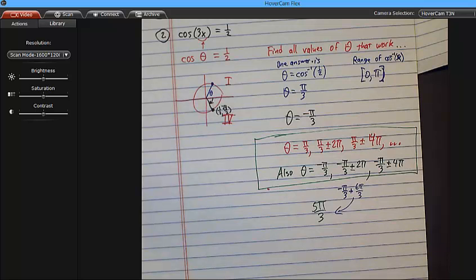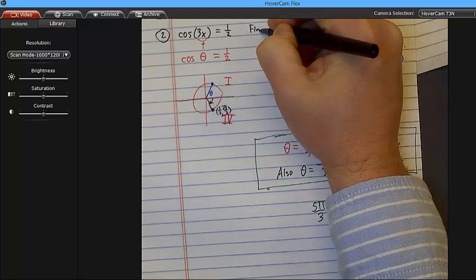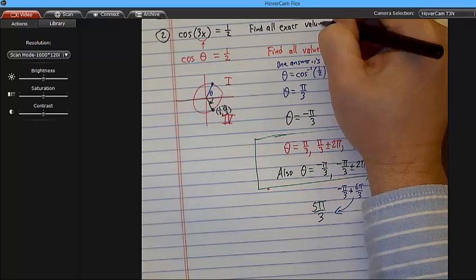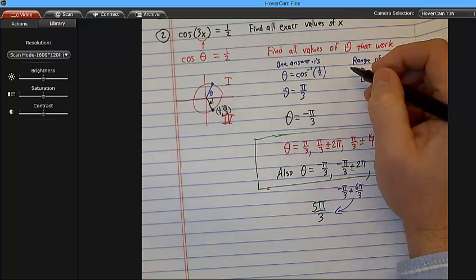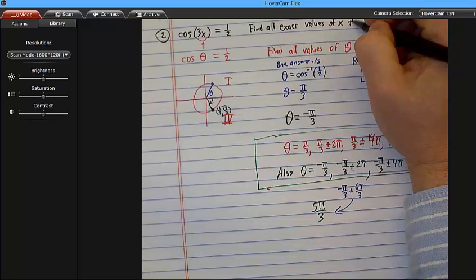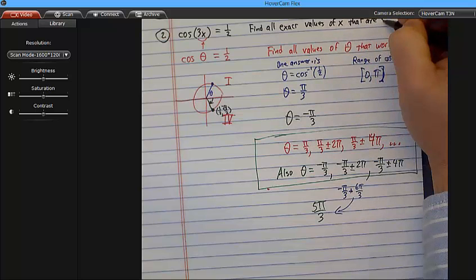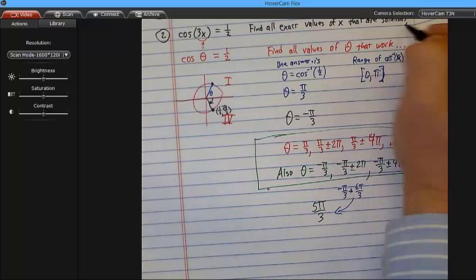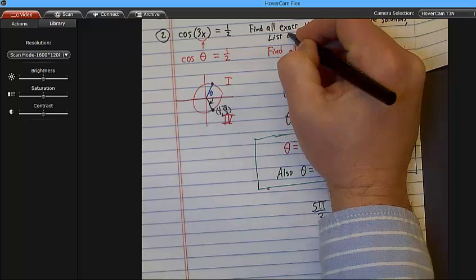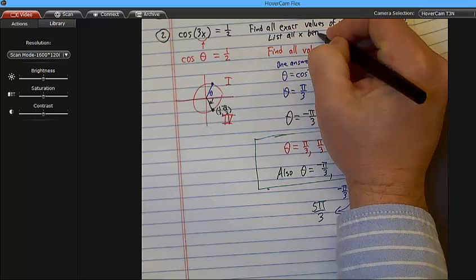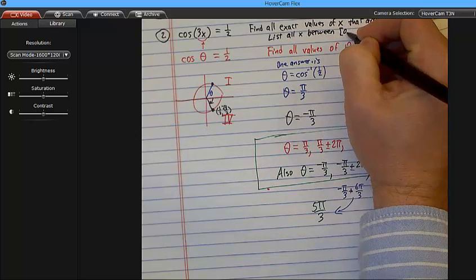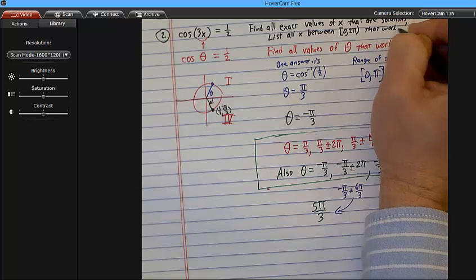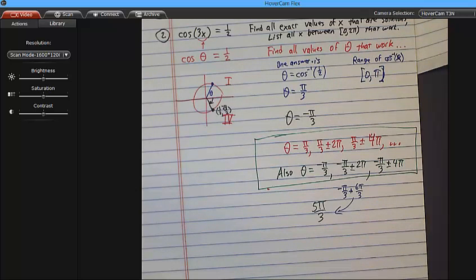Problem 2 says, find all exact values of x that are solutions, and then list all x between 0 and 2 pi that work. Okay. So this is kind of interesting.